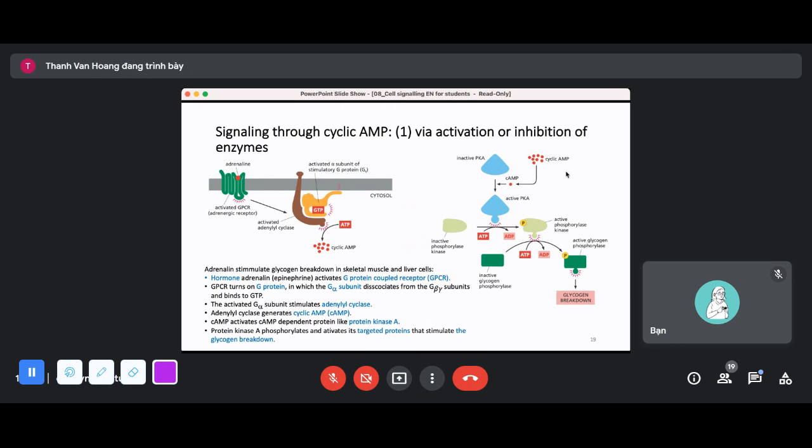The first mechanism is that it activates protein kinase A, and protein kinase A activates other target proteins. Here it is other enzymes, or it can also inhibit, but in this case it activates other enzymes to induce, for example, in the liver cells or in muscle cells, glycogen breakdown. Yeah, it changes some enzyme activity. Okay.